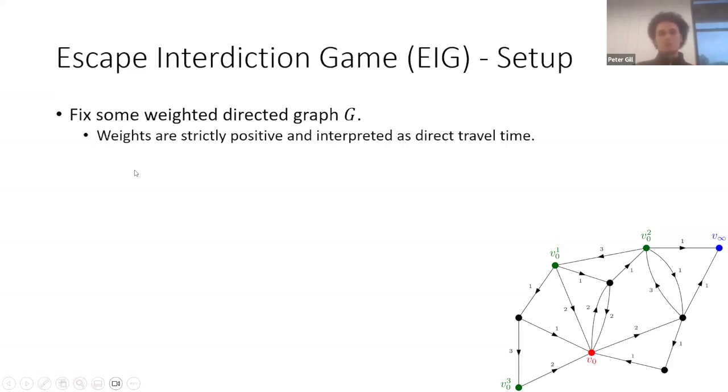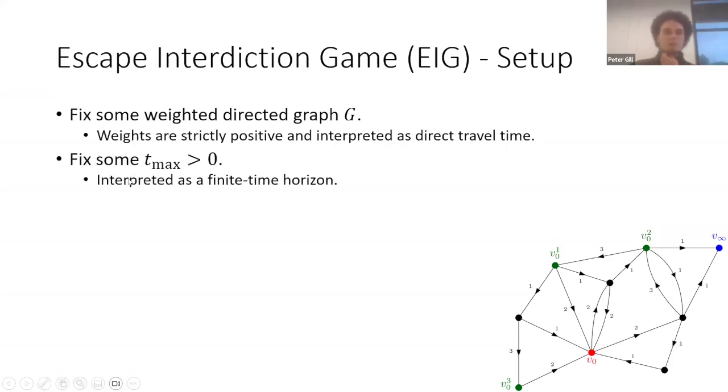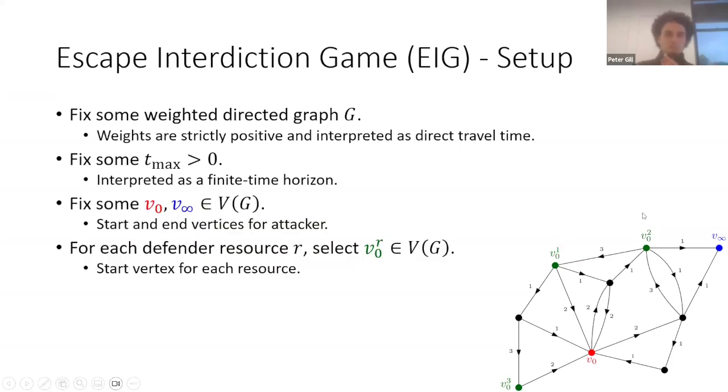We're going to have some weighted directed graph G. We're going to have some time horizon, so we ask that the criminal, the attacker, escapes within that T max. We fix some vertices as well. We're also going to allow different speeds for the attacker and defender.